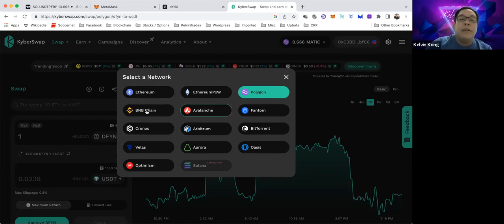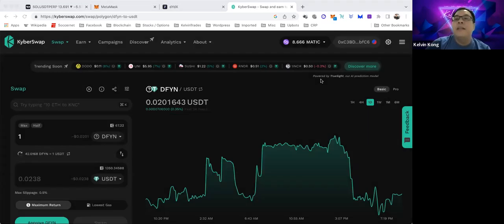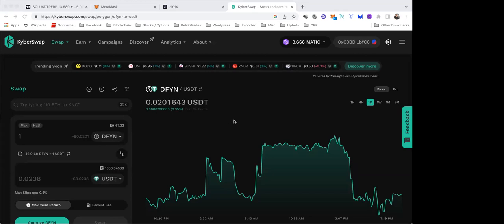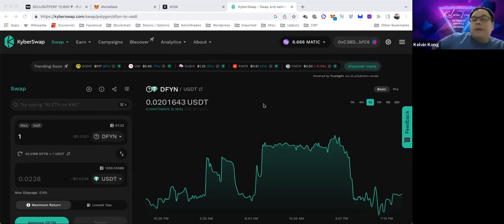So I can also sell my coins that are stored in my Binance Smart Chain. Kelvin, if you sell your coin into USDT, for example, you're in Polygon Network, the USDT will be stored in the Polygon network, in that particular wallet.